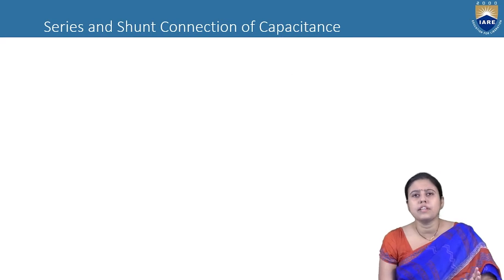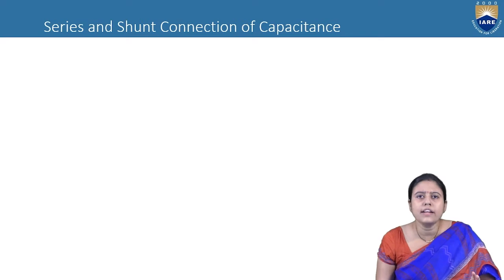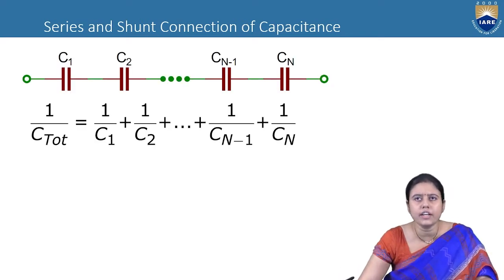So first we will start from our very basic definition. That is the series and shunt connection of the capacitance. You can see from the diagram that C1 to Cn, n number of capacitors, are connected in series.